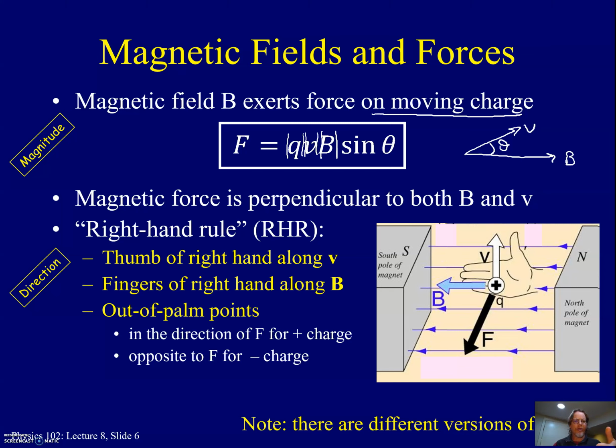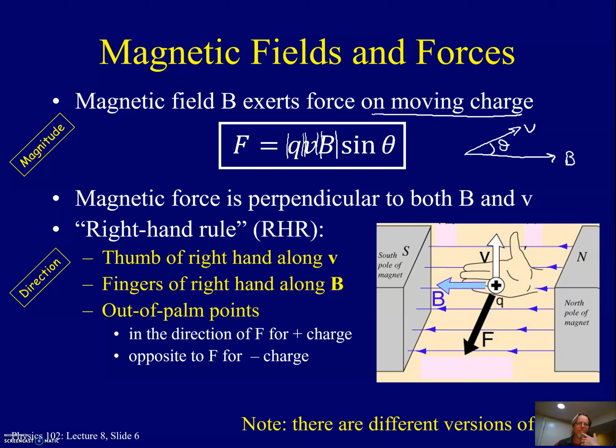The thumb always points in the direction of the velocity of that charged particle. The fingers point in the direction of the magnetic field, which always goes from north to south in the external magnetic field. And then the palm of the hand represents the direction of the force. So in the diagram, that force is actually coming out of the page. The charged particle is moving upward, the field is to the left. That means the force is coming right out of the page.